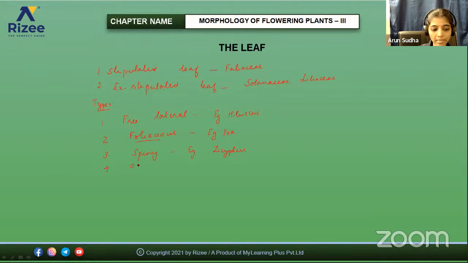And in some cases it is ochreate. Here, the two stipules combine to form a tube-like structure. The example is polygonum. Or it may form a tendrillar stipule, that is like a tendril.